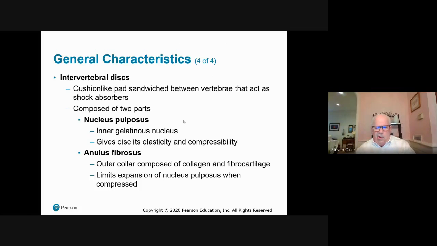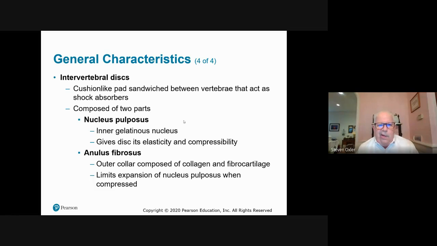But what I do want you to know is that in between each vertebrae is an intervertebral disc. And in exam number 1, you answered the question: what are these discs made of? They're made of fibrocartilage because they are strong and they are shock absorbers.